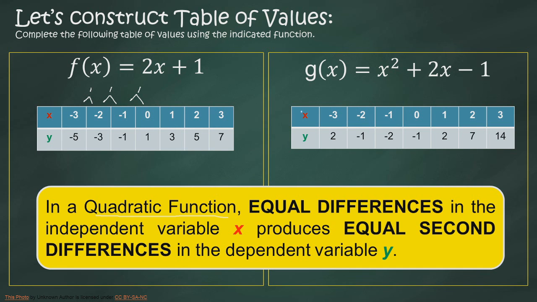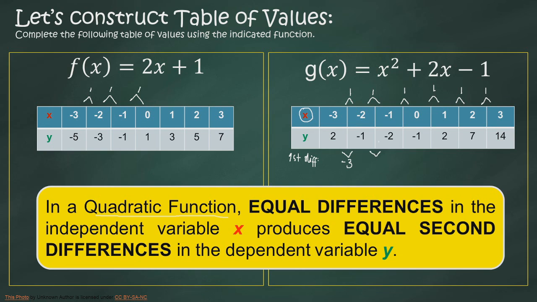So to illustrate, let's first take a look at our independent variable. Of course, since consecutive, all the differences here is 1. And let's first have the first difference. Kunin muna natin ang first difference. So if we're going to subtract 2 from negative 1, this will be negative 1 minus 2, that will be negative 3.